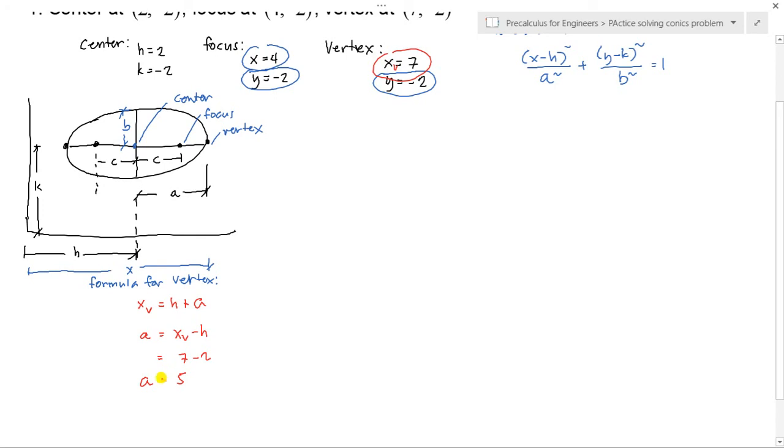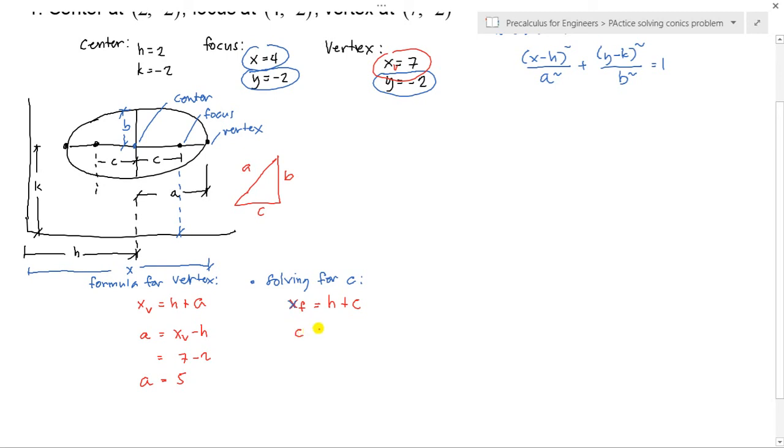Now to solve for c, we have a relationship between a, b, and c in the ellipse. So solving for c, we know that the x value of your focus, xf, is equal to h plus c.